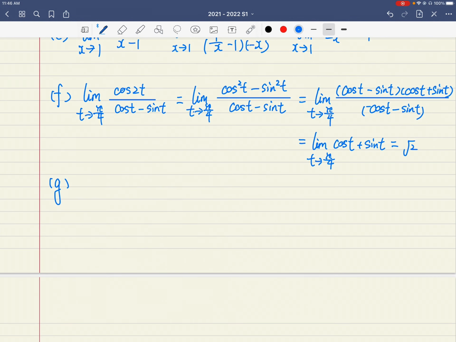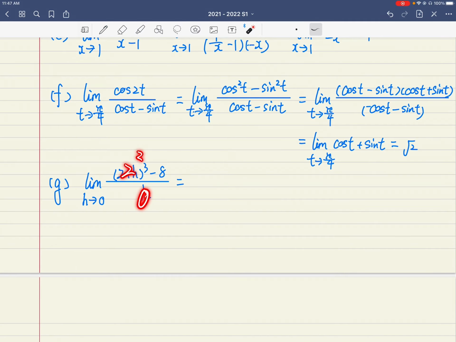G. Okay. H approaching 0. Very, very similar. Subbing, you have 2 cubed minus 8 is 0. So it's 0 over 0. So again, there should be something in common.